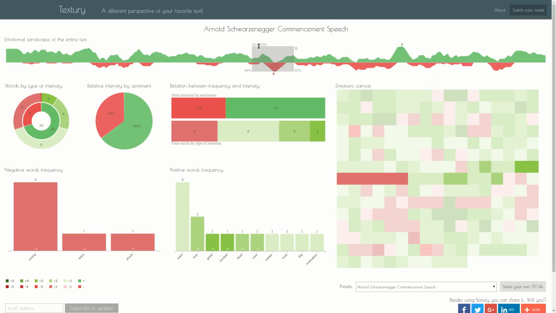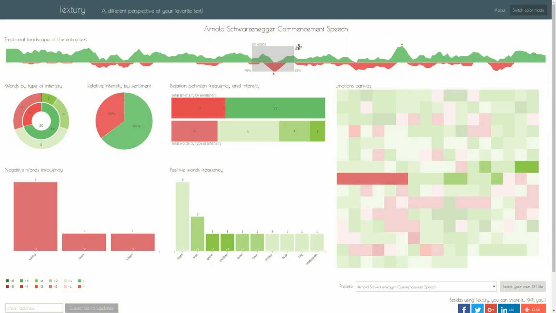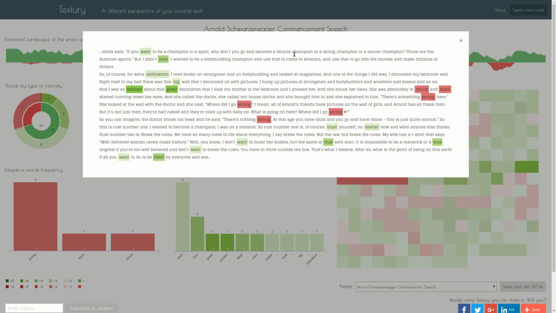So we have here 20 words selected from 46% until 53% of the text. And by clicking on this symbol, you can see where the actual positive and negative words happen in the text, and they are labeled accordingly.